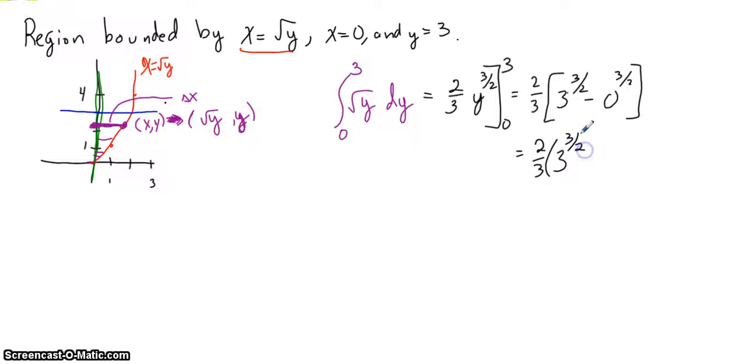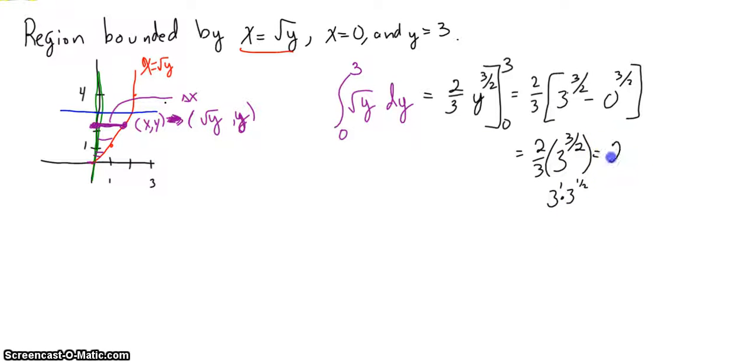Well, 3 to the 3 halves, if we try simplifying, which we may have to do to match up, for a free response I would be okay with this, but if we're matching multiple choice, 3 to the 3 halves is really 3 to the first times 3 to the 1/2 power. 1 and 1/2, this time mixed numbers actually help.